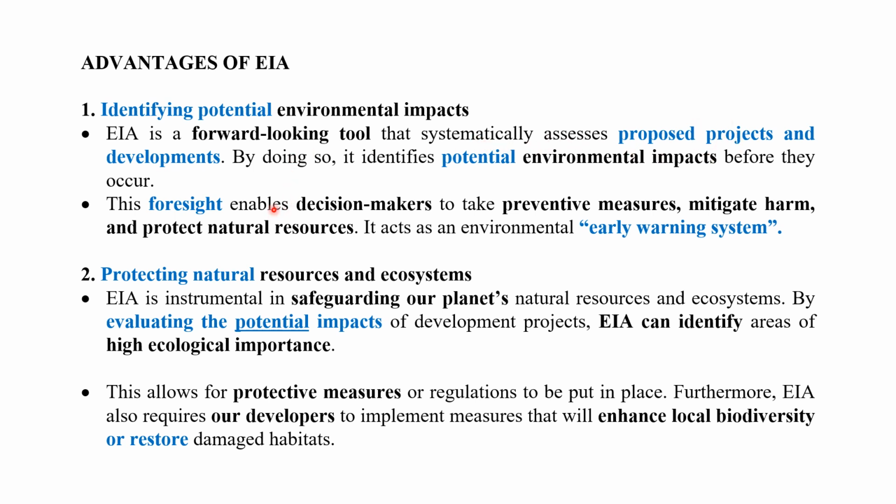By doing so, it identifies potential environmental impacts before they occur. This foresight enables the decision maker to take preventive measures, mitigate harm, and protect natural resources. It acts as an environmental early warning system. This is one of the major advantages of EIA.